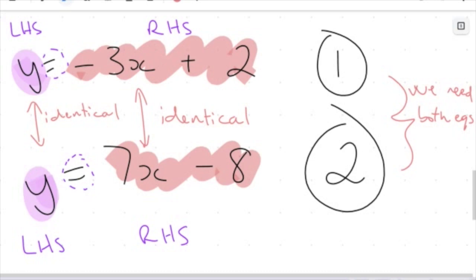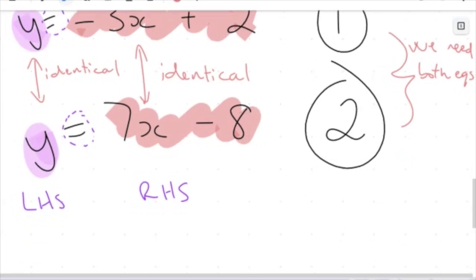So in other words, I have y equals minus 3x plus 2, but that y is the same as the y that is equal to 7x minus 8. So therefore we can say that these elements on my right hand side, minus 3x plus 2 and 7x minus 8, are the same as well.